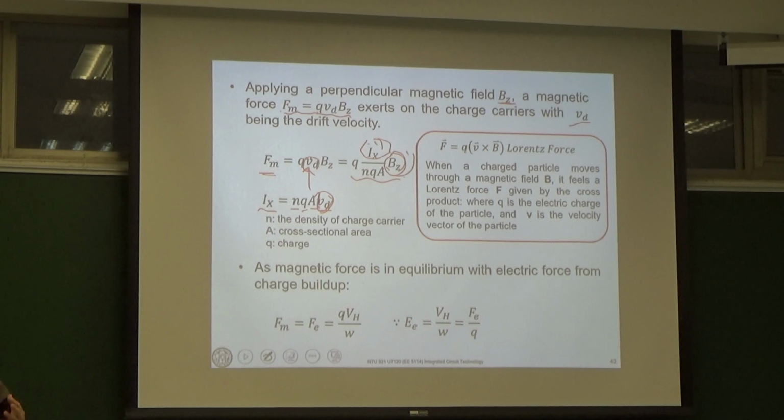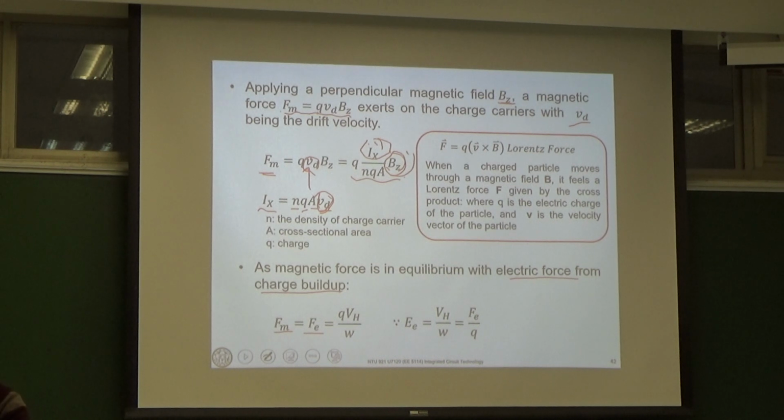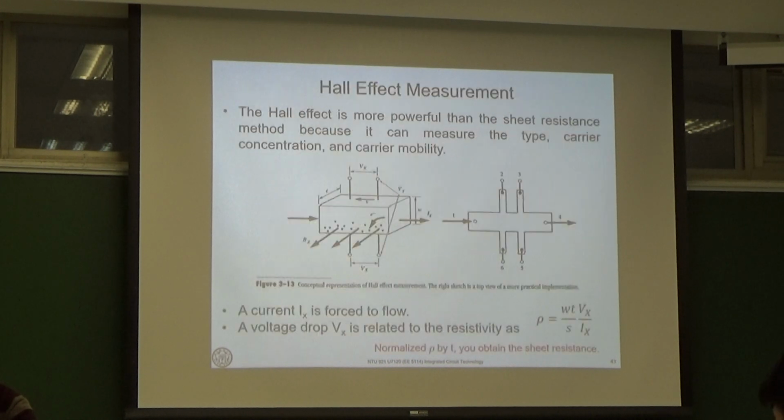Under equilibrium, this magnetic force balances out your electrical force to prevent charge buildup. So the magnetic force equals the electrical force, and the electrical field we can write as VH divided by W.